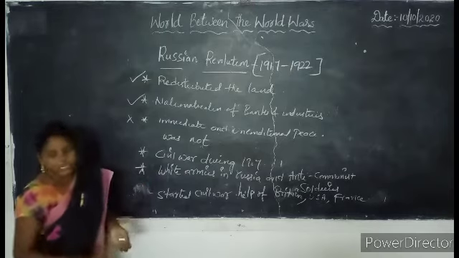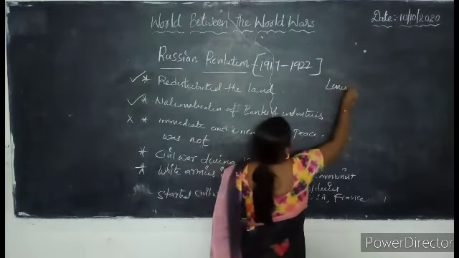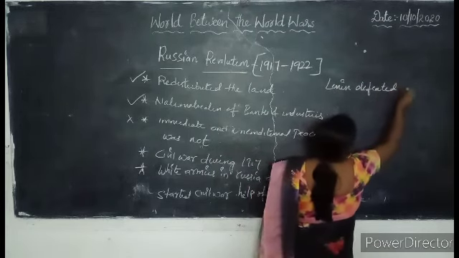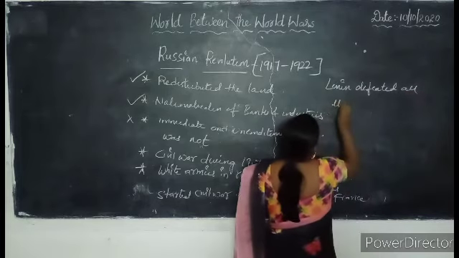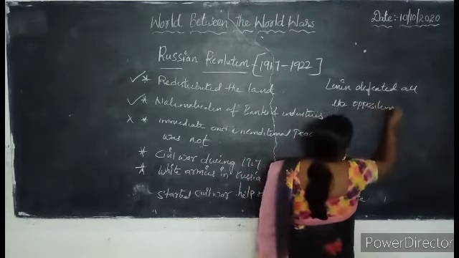In the year 1920, Lenin defeated all the oppositions.